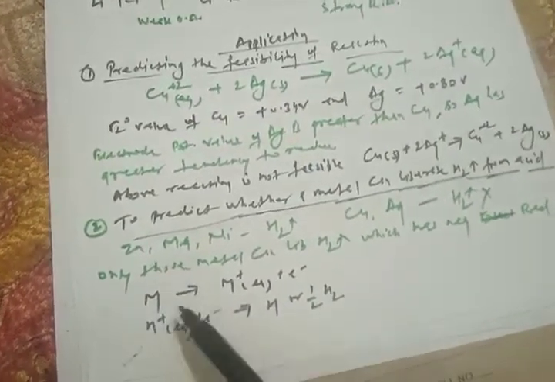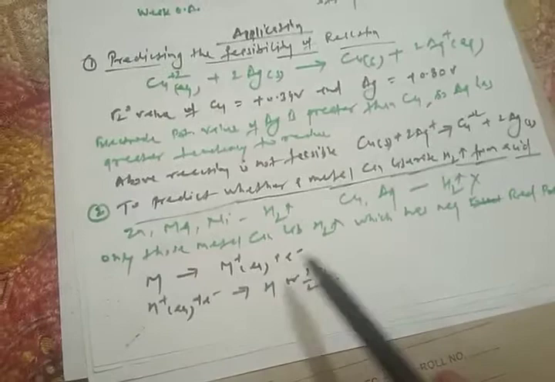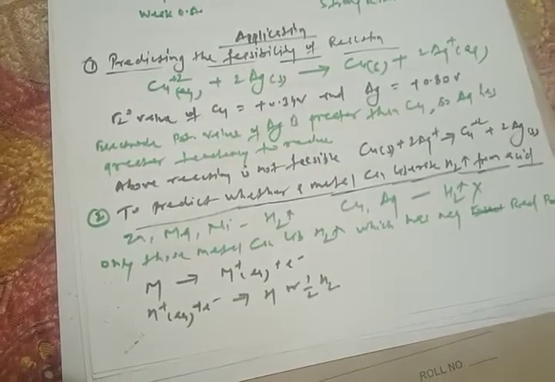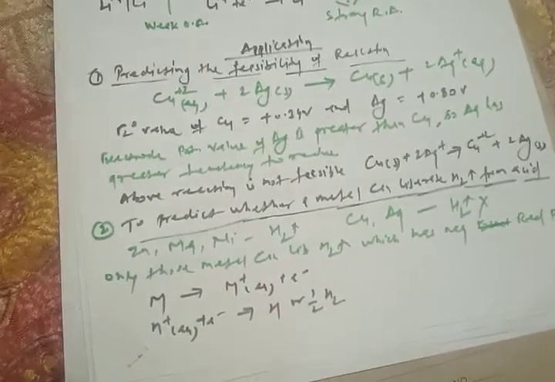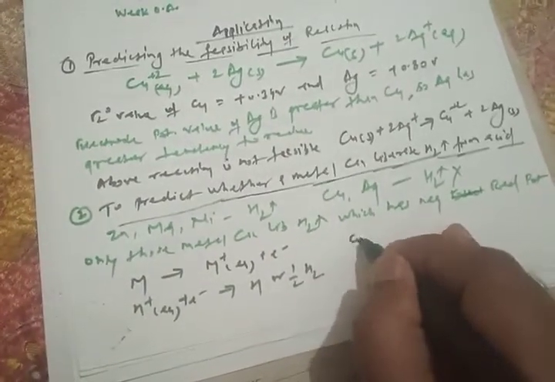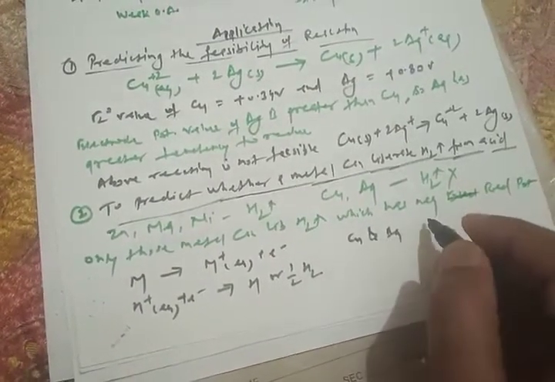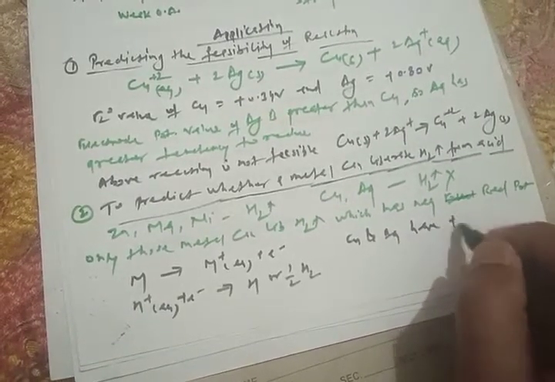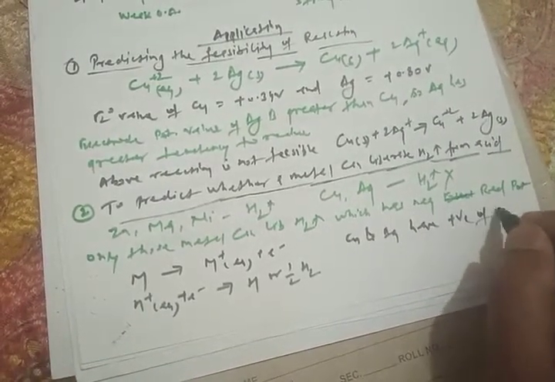So any metal which is capable of releasing electrons, and only those metals capable of releasing electrons have a negative value of reduction potential. We know that copper and silver have a positive electrode potential.